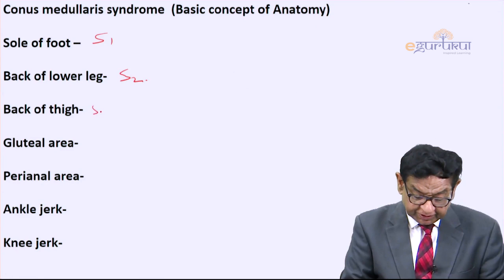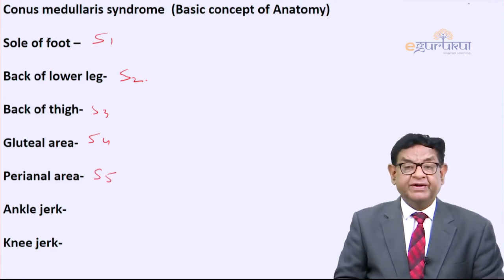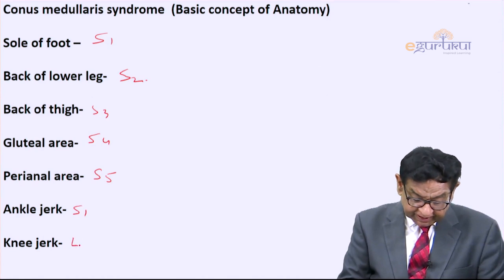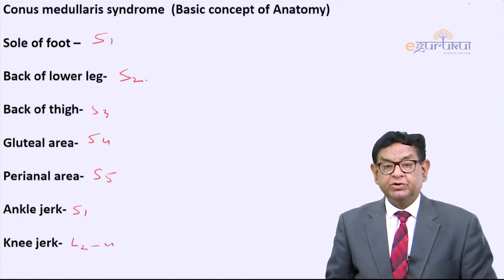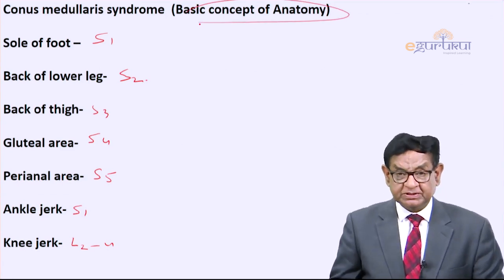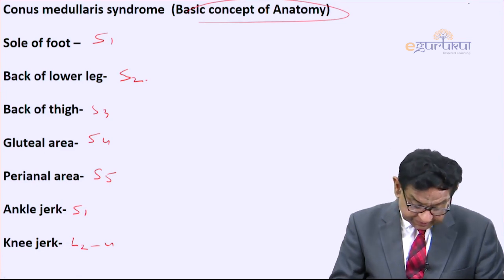Back of thigh S3. Gluteal area is S4. Perianal area is S5. Ankle jerk is by S1, knee jerk is by L2, 3, 4. It's a quick recap of the basic concept about the anatomy because this will be used. This knowledge is necessary for the understanding of Conus medullaris.